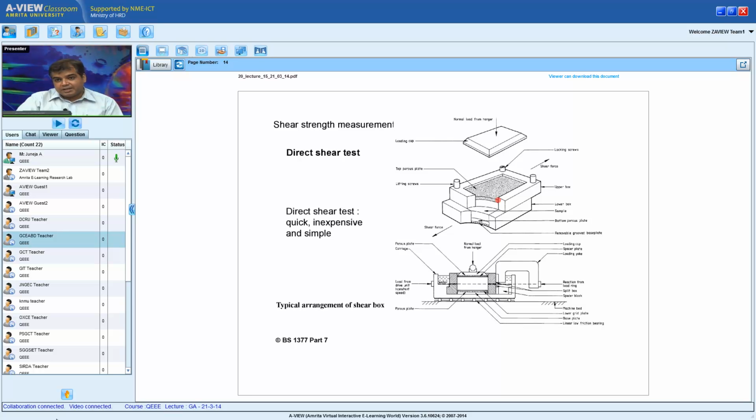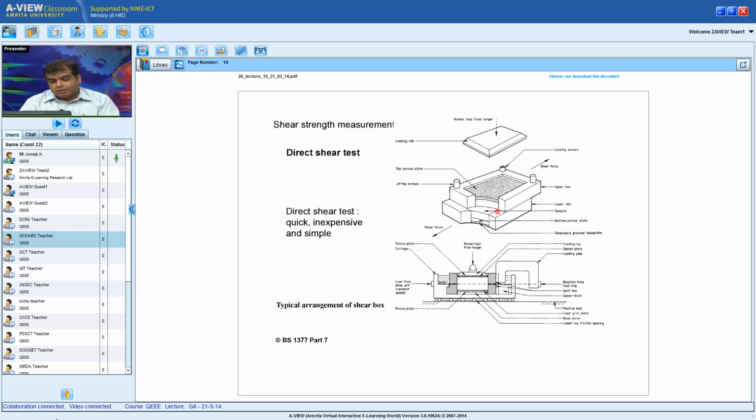If I want to generalize this statement, I can say in direct shear before the start of the test, the horizontal plane is the principal plane, but during the test and when I reach failure, meaning failure would be reached when the two halves slide and you reach a peak stress value.